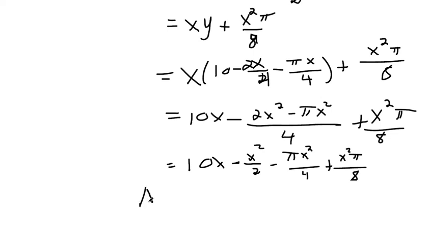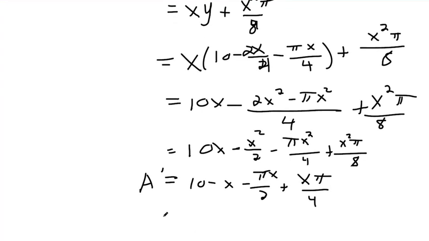And now we can take a derivative and then set it equal to 0. So the 2 comes down, so that's pi x over 2. The 2 comes down here when we take a derivative, so that's x pi over 4. And then we set that derivative equal to 0 and solve.